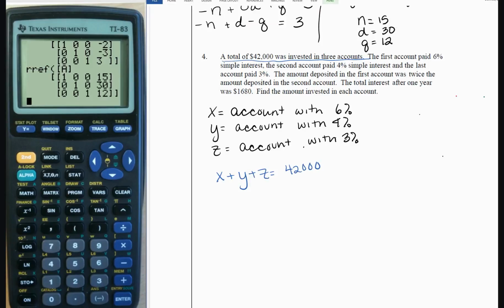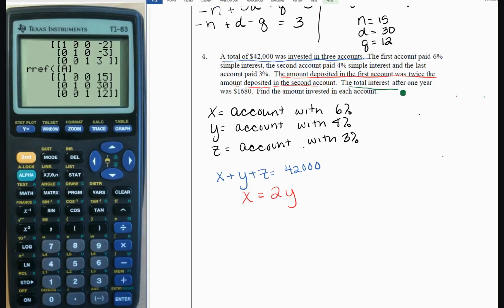Okay, let's see what the next line says. Then we have the amounts. It says the amount deposited in the first account was twice the amount deposited in the second account. So we've got X equals 2Y as our next equation. Okay, and then let's look at our third.